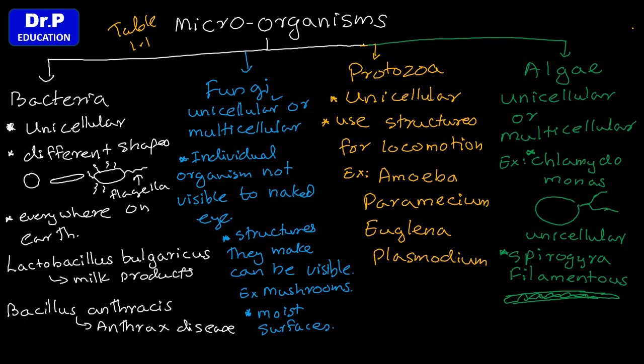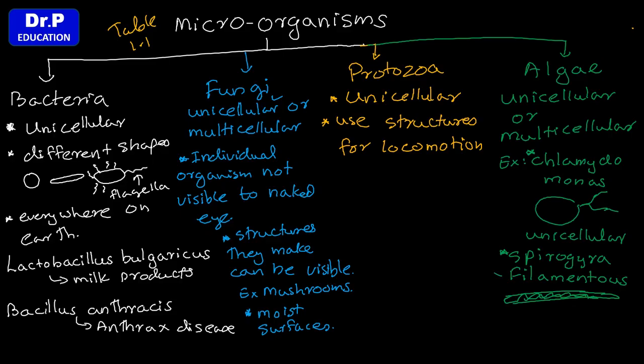I'm going to get a little bit more space here by erasing some of the stuff. Now when we say filamentous, this is actually a body type. When we describe people, we would say a person is tall or small, thin or fat. Just like that, filamentous is a term used to describe the body type of certain algae.